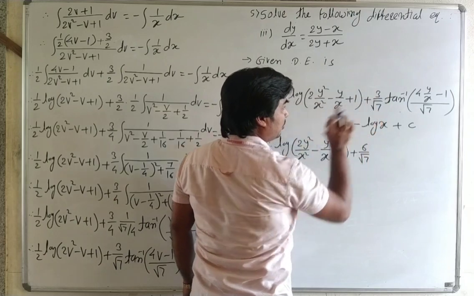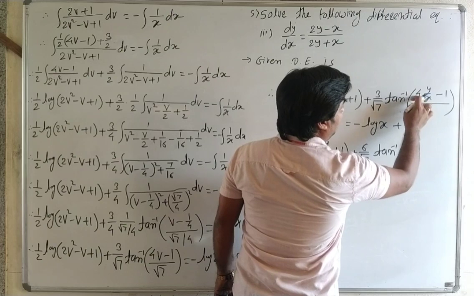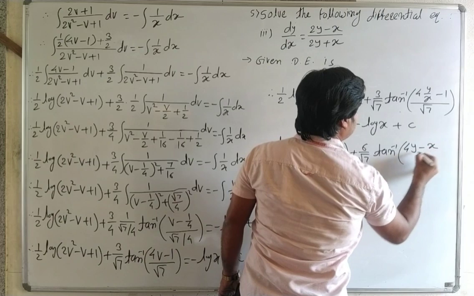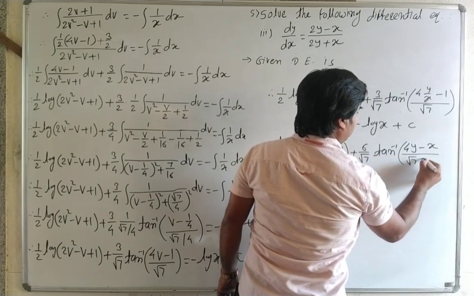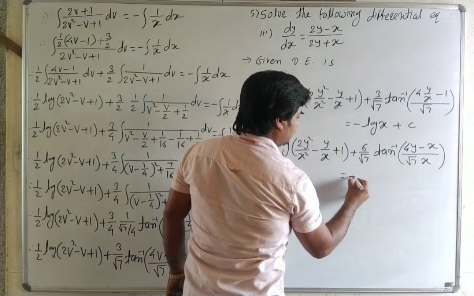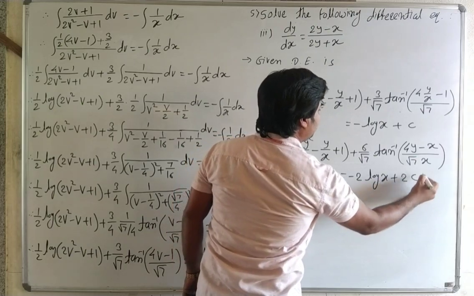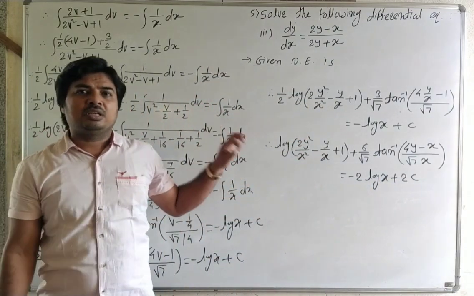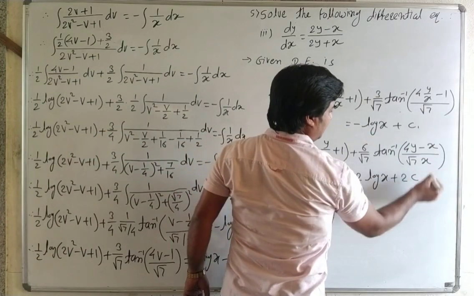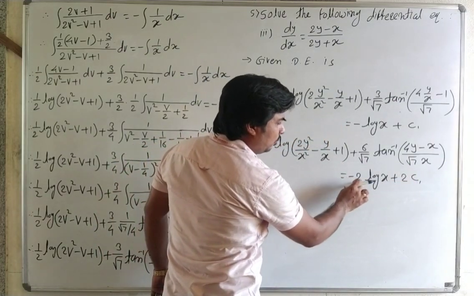See carefully, 6 upon under root 7 tan inverse of, when we multiply by x, we get 4y minus x upon under root 7x. Here we multiply by 2, therefore it is minus 2 log x plus 2c. Now again this 2c is another constant, so here we can write it as c1, and this 2c1 is again c, and then it is minus 2 log x.